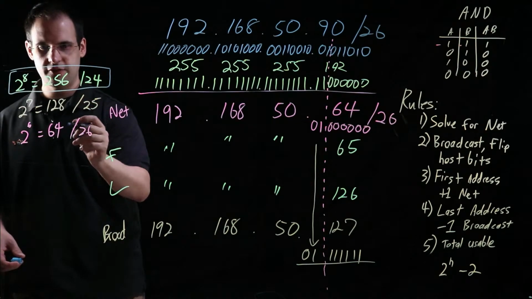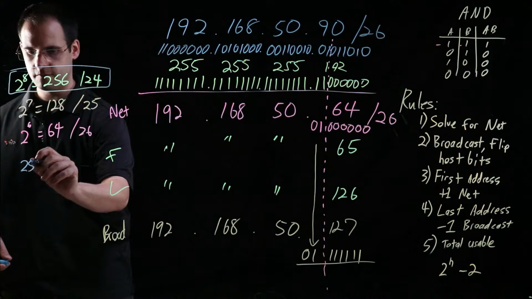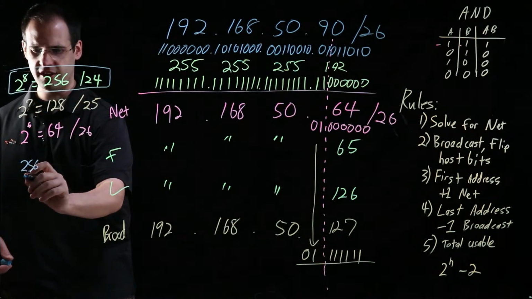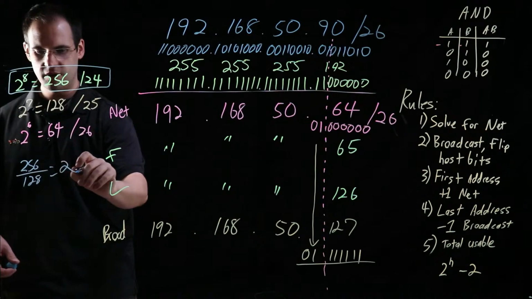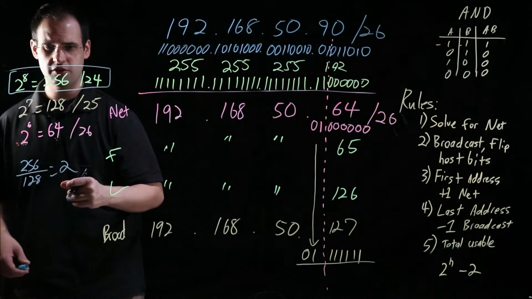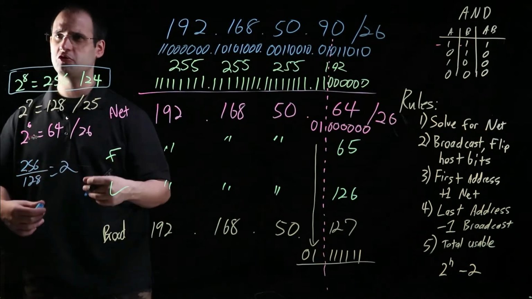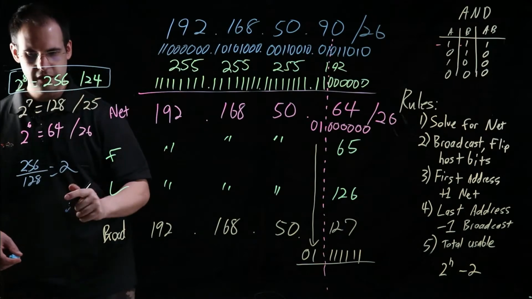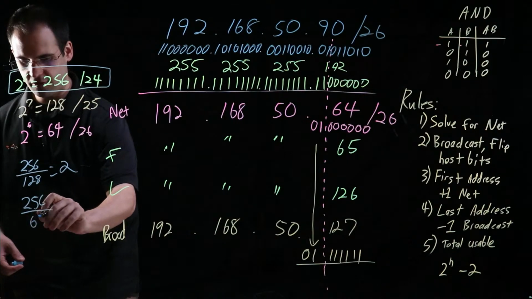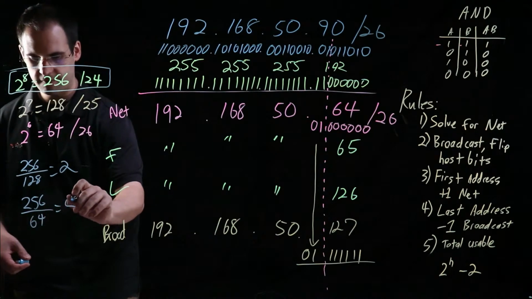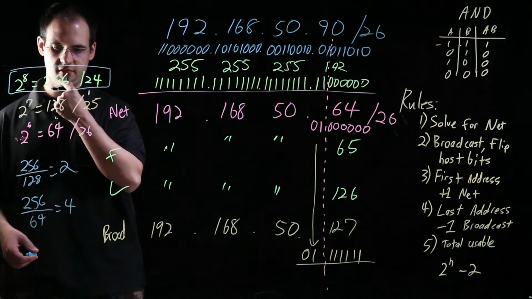If we took that 256, our /24, and divided it by that 128, we can see we have 2 networks. We could actually make 2 smaller networks. And if I take my 256, divide it by 64, I get 4 smaller networks.